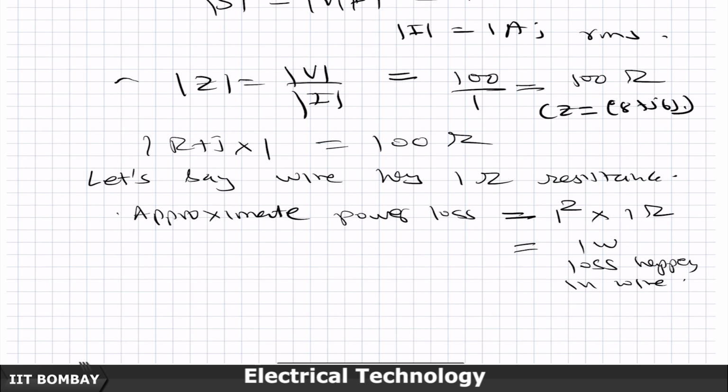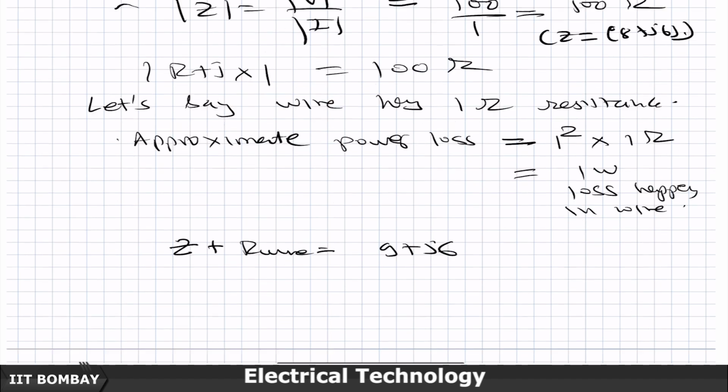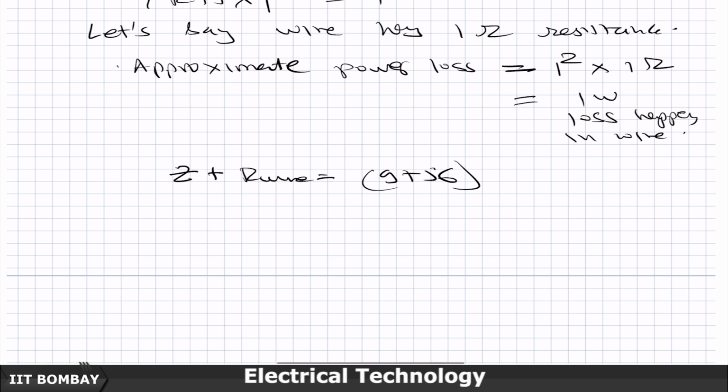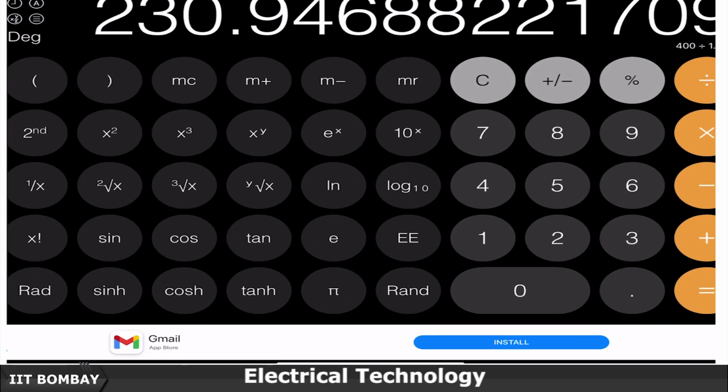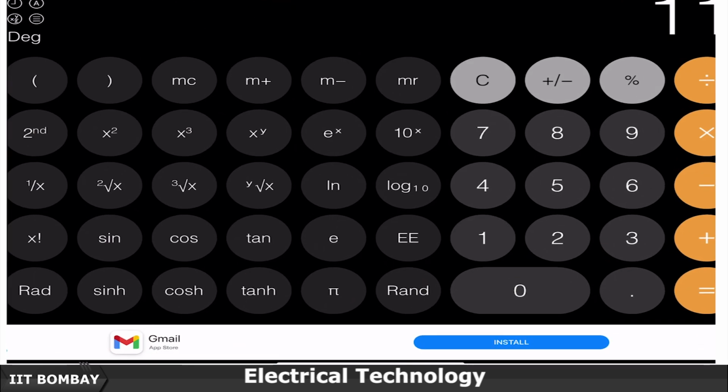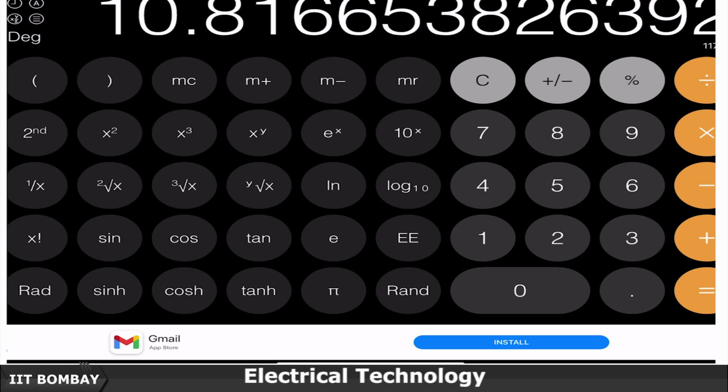Then actually Z plus R wire will turn out to be 9 plus j6 ohms, and this value is the square root of 81 plus 36, which is the square root of 117.